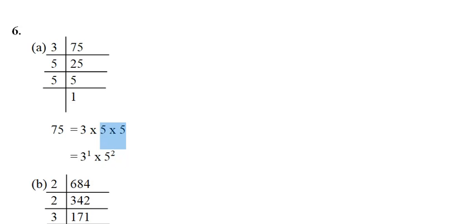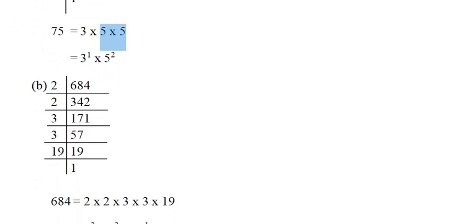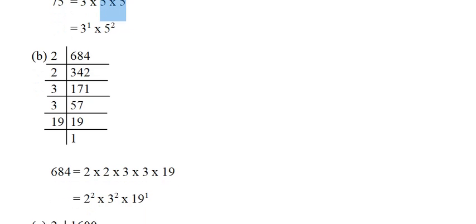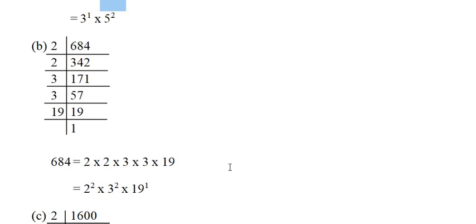Now let's move on to the next question, that is 684. 684 equals 2 into 2 into 3 into 3 into 19. Here 2 is repeating itself 2 times, so 2 to the power 2, and 3 is repeating 2 times, that is 3 to the power 2, and 19 is repeating only one time, so you will write 19 to the power 1.